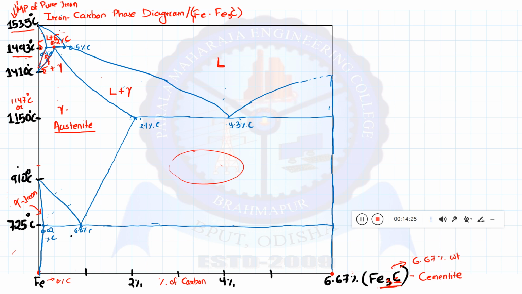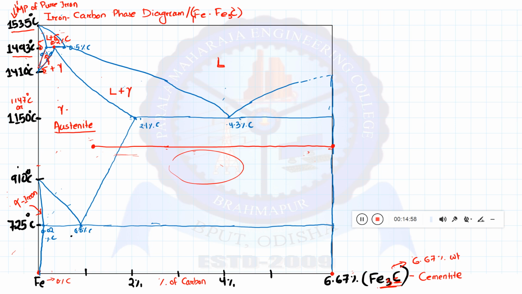Similarly, to know the composition of this region, we will start from here, that is gamma austenite, and the 1-to-1 line will end at the 6.67 Fe3C. I will draw the line. Suppose this is our 1-to-1 line or isotherm I am drawing. As you can see, the starting point is gamma austenite and it is ending at the intermetallic compound cementite.